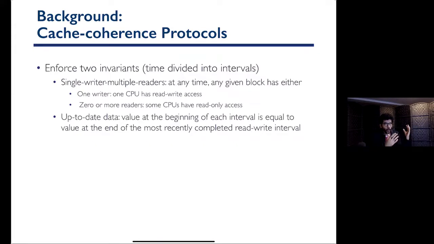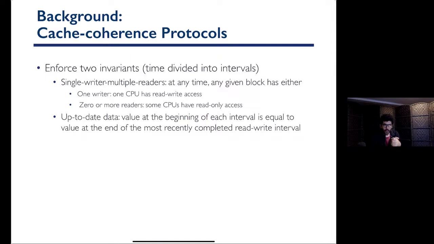But the moment one of them wants to write, then everybody else should stop using that memory, which makes sense, right? Exactly the example that we said. So we need a mechanism that ensures that either everybody is reading or just one CPU is writing. This is the first invariant we need to have. At any given time, I'm either having a single writer or I have multiple readers, and nothing in between.